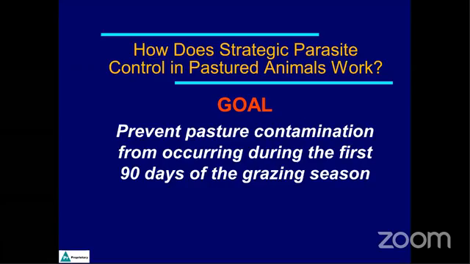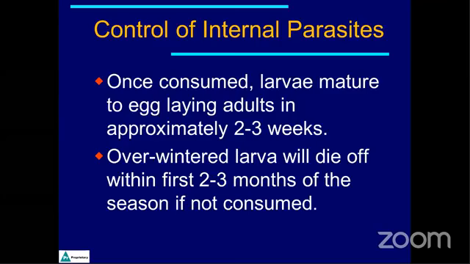So in the spring, our goal is not to shed any eggs in the first 60 to 90 days of the spring. Once the animal gets infected with these parasites, they'll start shedding eggs in about 2 to 3 weeks. So 3 weeks is our maximum. After 3 weeks, those animals are shedding a heavy load of worms.